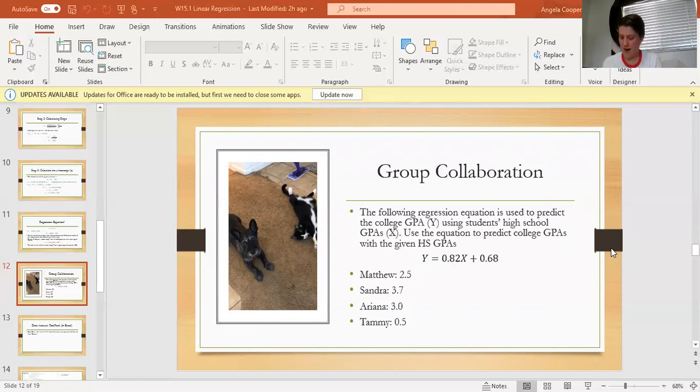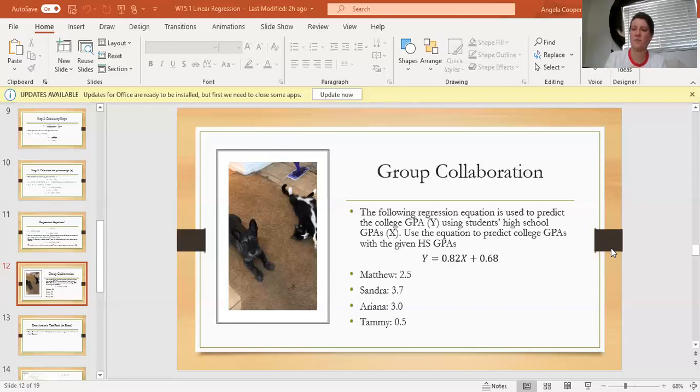Third person, they have a high school GPA of 3. So we're going to do 0.82 times 3 plus 0.68. Their predicted college GPA, their y, their criterion variable, is equal to 3.14. They have a high GPA.